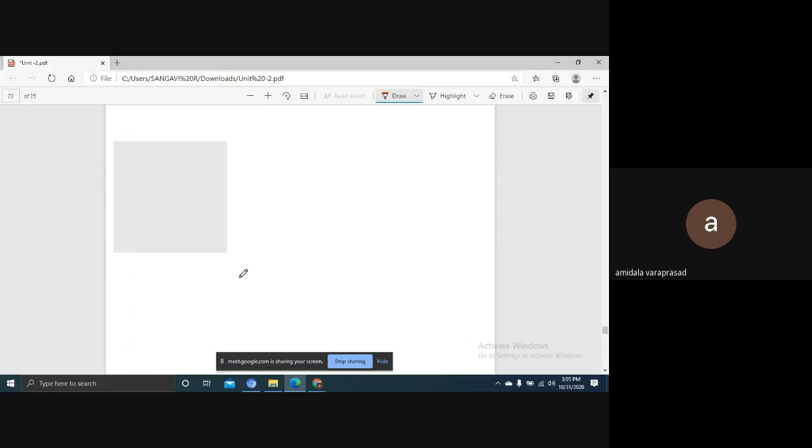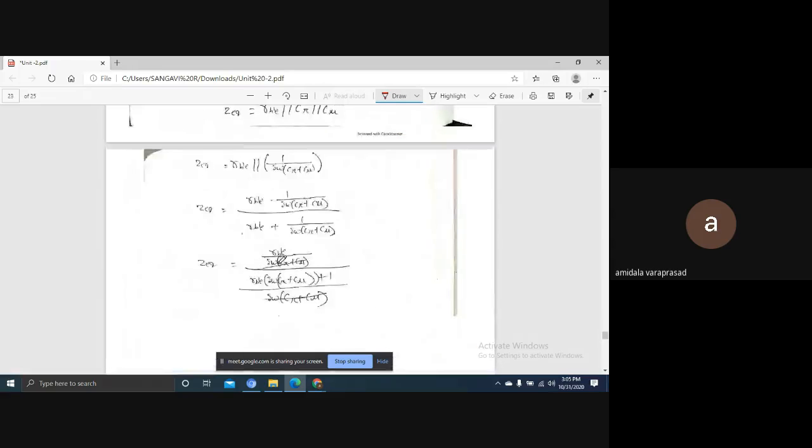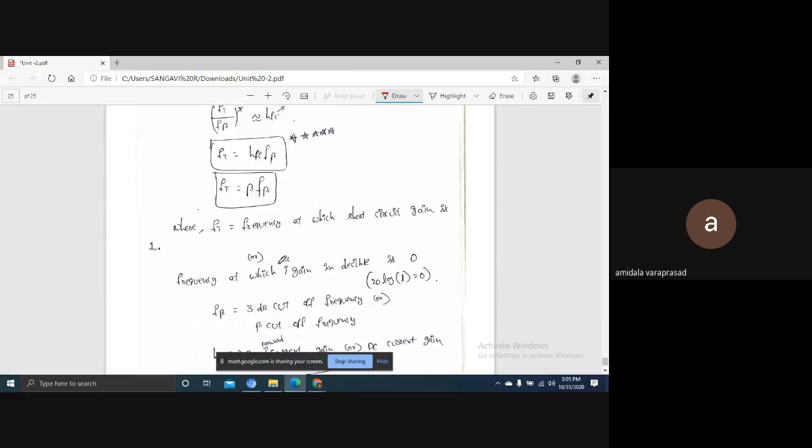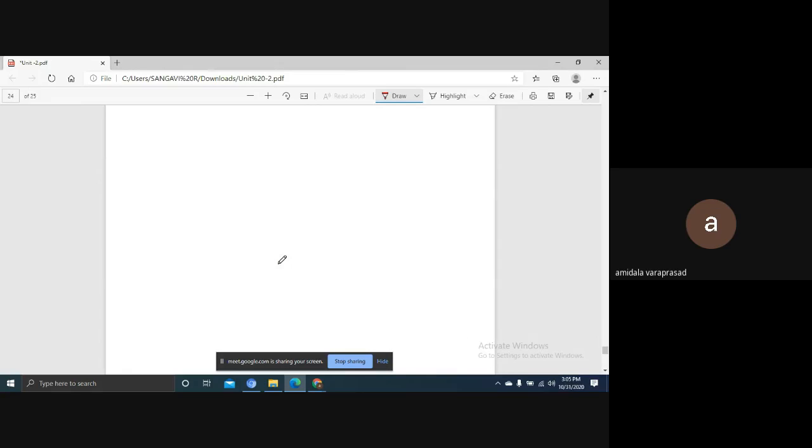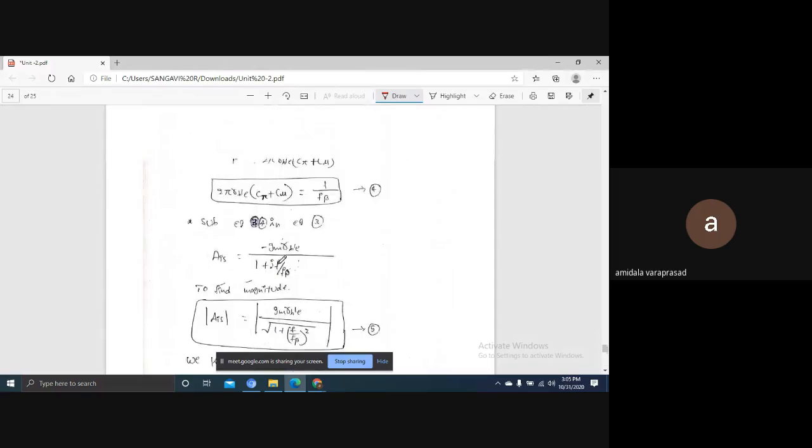Now, the short circuit current is I out by I in.